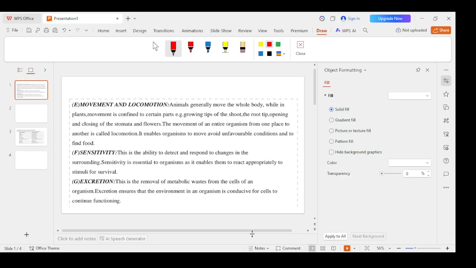You are not going to wait for someone to come and tell you that this pot is hot, so don't hold it. No, instantly you release it. It has burned me. Why? Because you have that ability to detect and respond, and that same ability is what we call sensitivity.